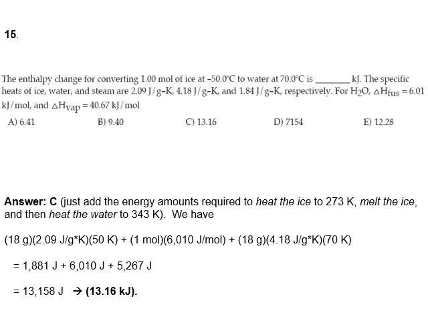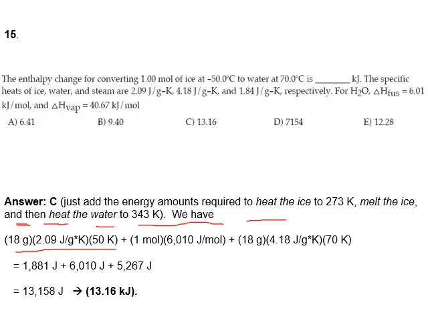So for the first part here, this is for raising the temperature of the ice from negative 50 to 0. 18 grams, which is 1 mole of water, times the specific heat of ice, 2.09, times 0 to minus 50, which is 50. And then add your 6,010 to melt the ice, and that was number 2.